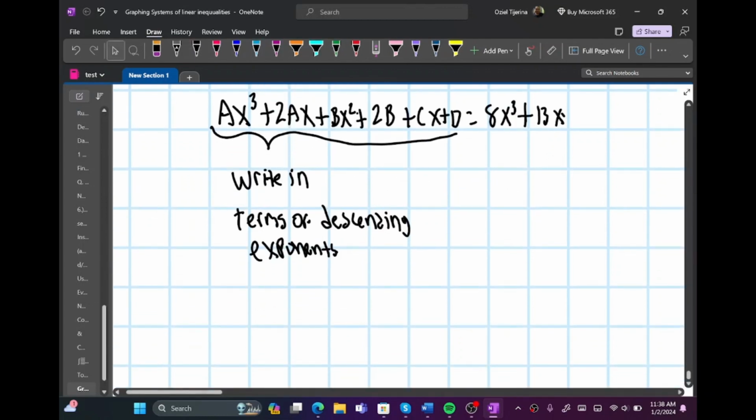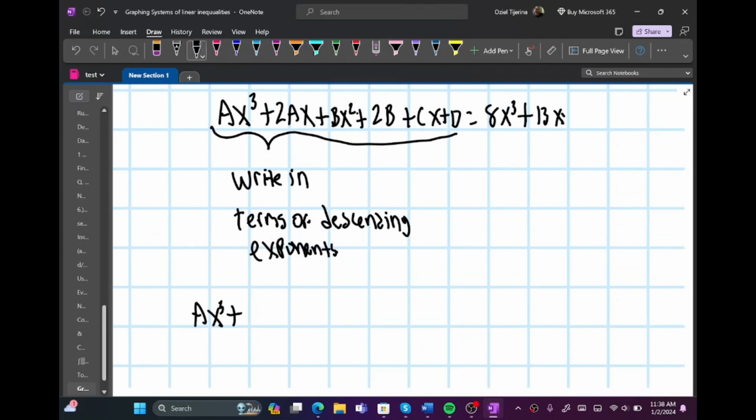So, we have ax cubed plus bx squared plus 2ax plus cx, and then plus 2b plus d.